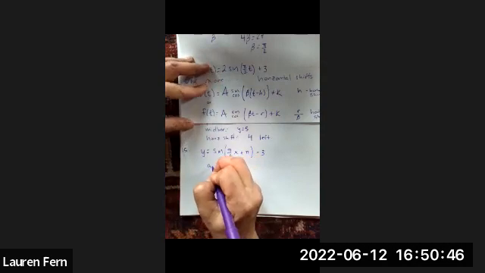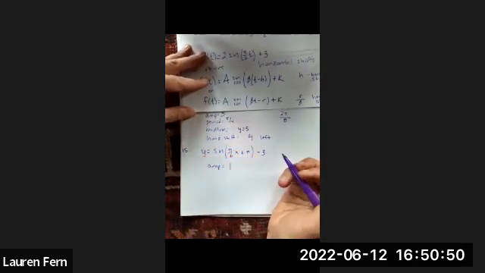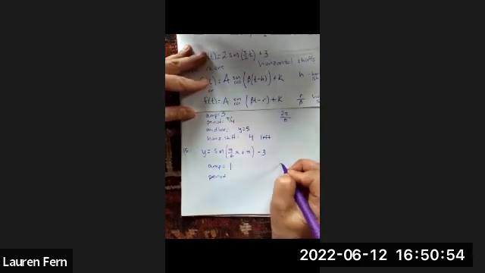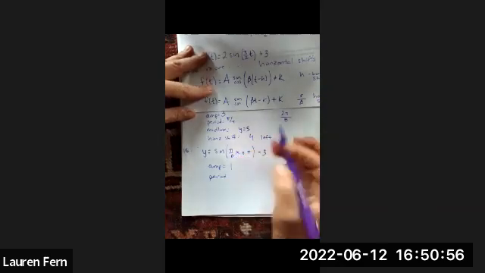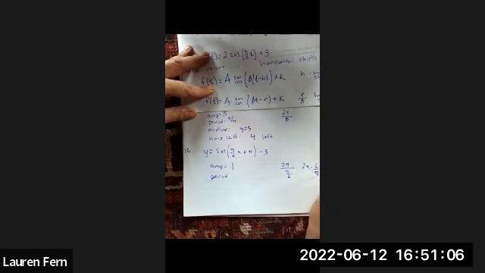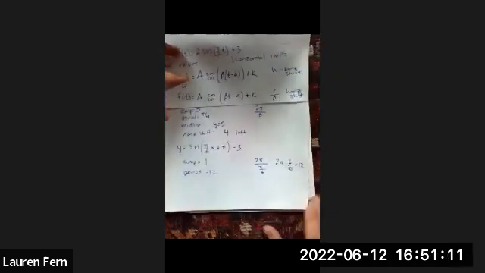My amplitude is 1. Notice it's just a 1 right here. My period is 2 pi over the number in front of my variable. So 2 pi divided by pi over 6 is times 6 over pi. So my period is 12.